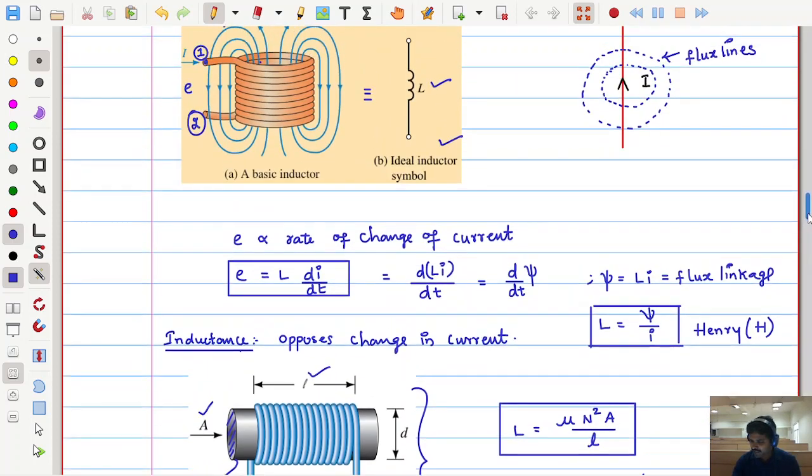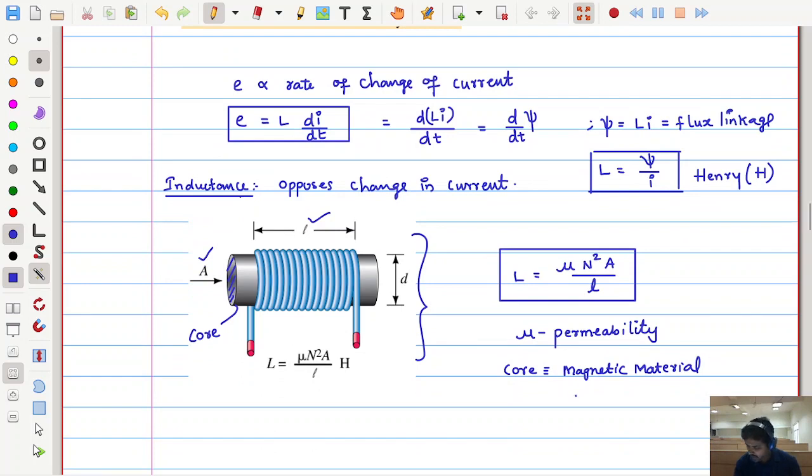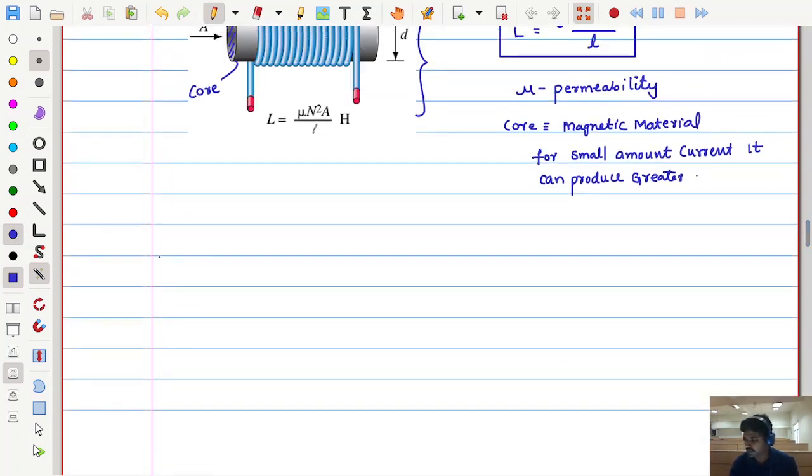then all magnetic material, if I give a small amount of current, can produce a greater amount of flux.